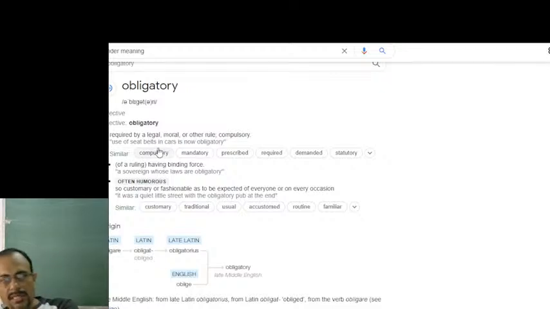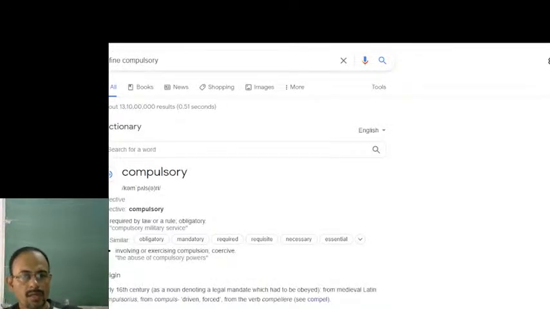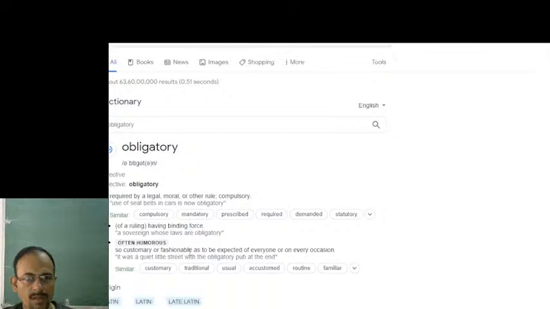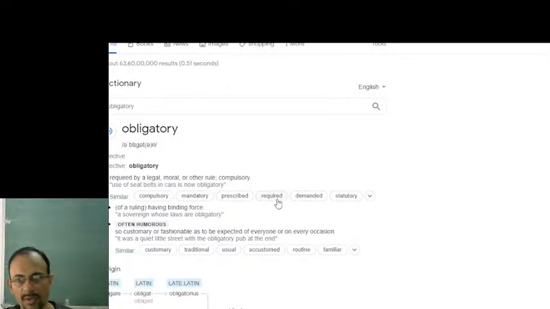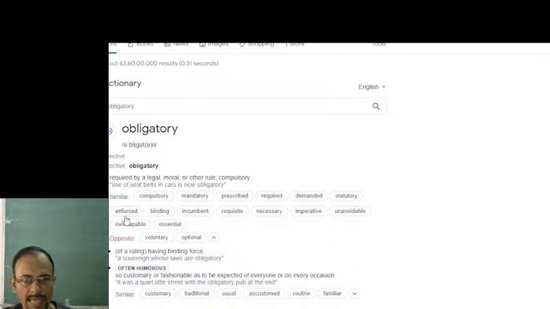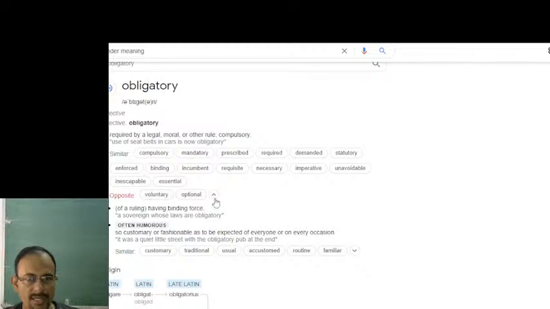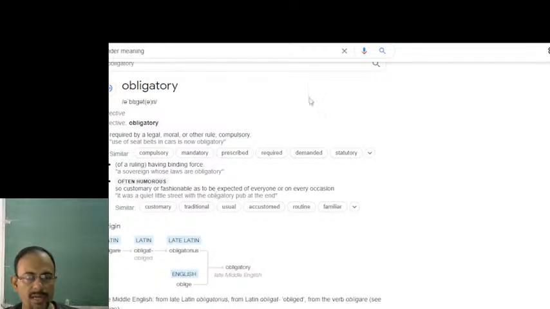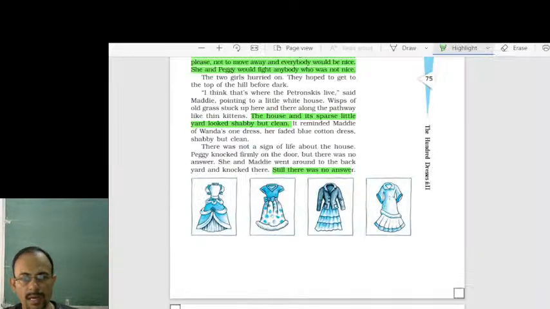Similar words are compulsory, mandatory, prescribed, required, demand, statutory, enforced, binding, incumbent, requisite, necessary, imperative, unavoidable, inescapable, essential, right? And opposite is voluntary, optional.